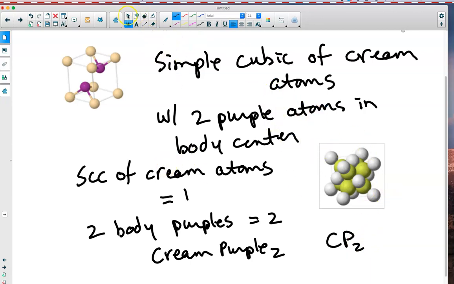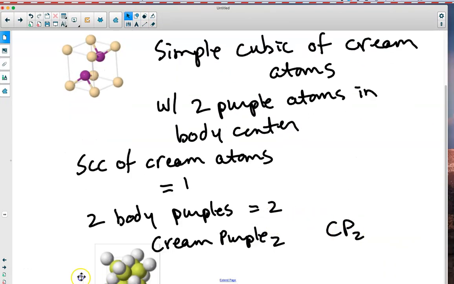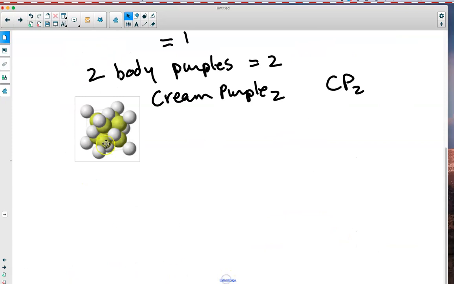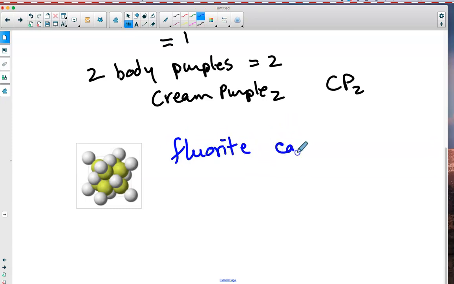Let me move this other one down here lower. This other example is a well-known mineral. This is fluorite, which is calcium fluoride.